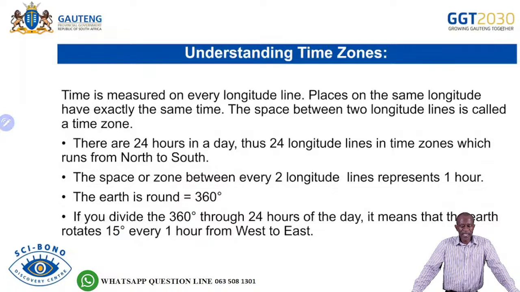Now, in explaining what a line of longitude is, you'd say a line of longitude refers to the line on the map that runs from north to south.